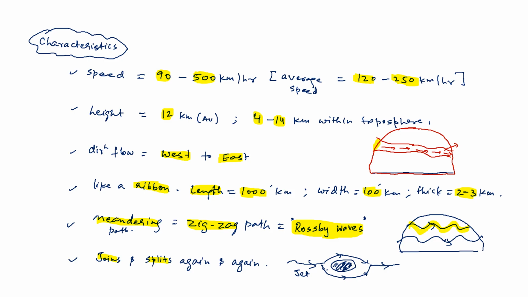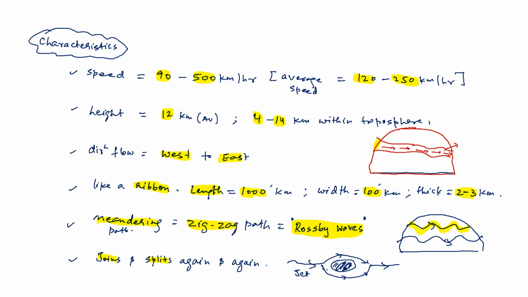The height at which it blows is on average 12 kilometers, but the altitude can fluctuate from 4 to 14 kilometers. So it flows in its own zigzag path. Because of this meandering nature, they have a characteristic called Rossby waves.